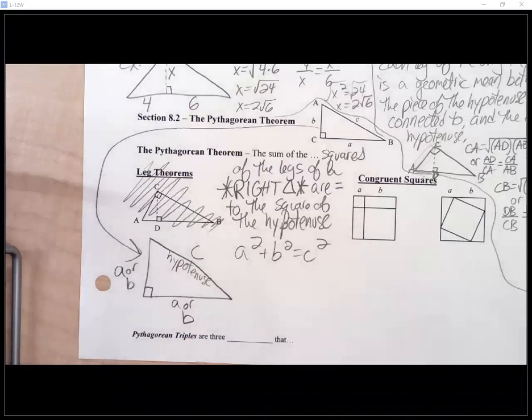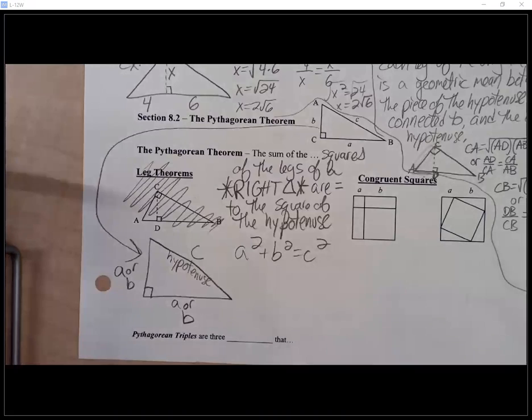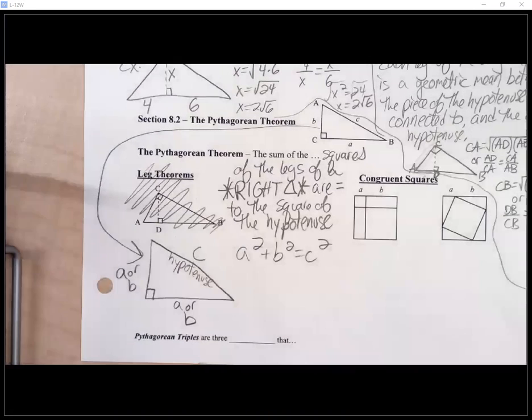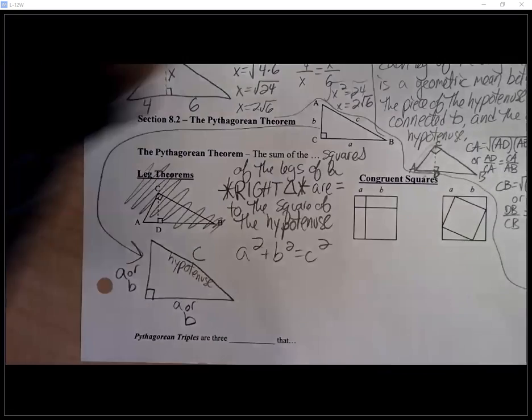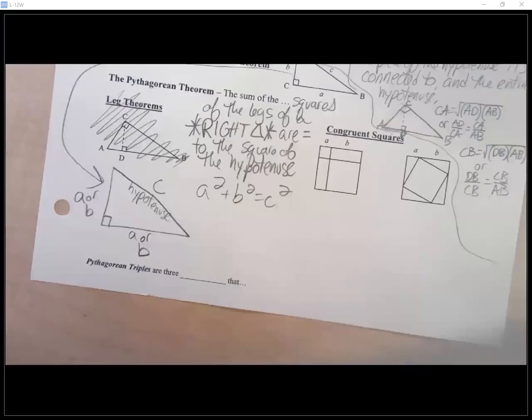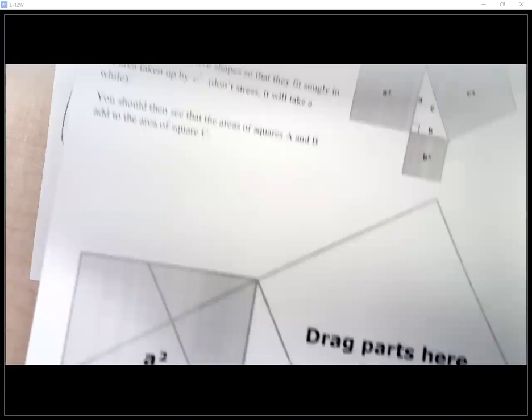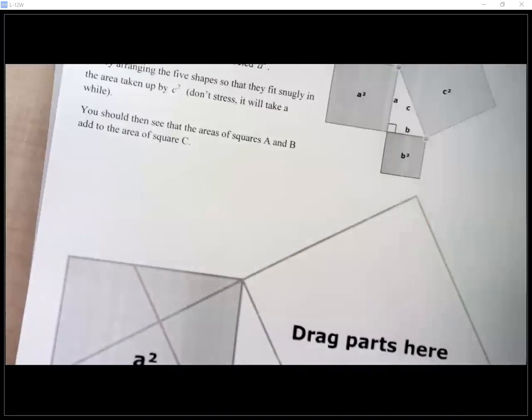I'm running low. Okay, so let me explain what you have in front of you. Everybody got a paper, right? Come on up, get a paper. I got a couple pairs of scissors left.